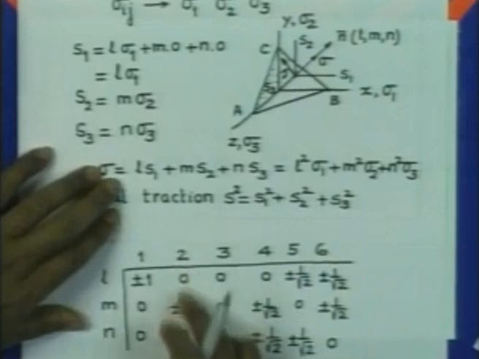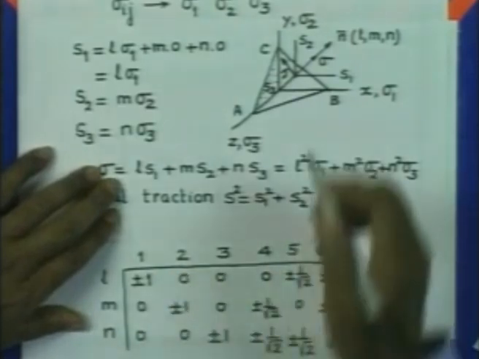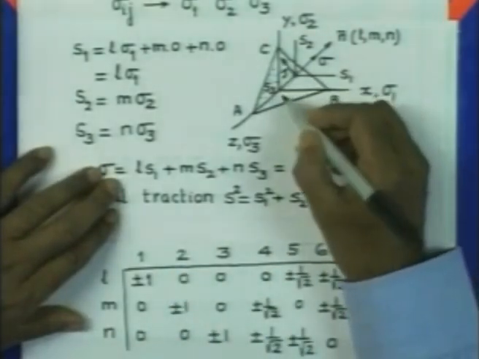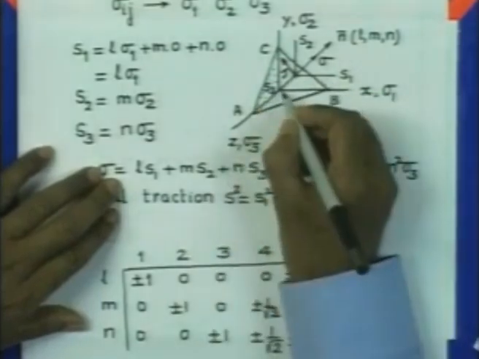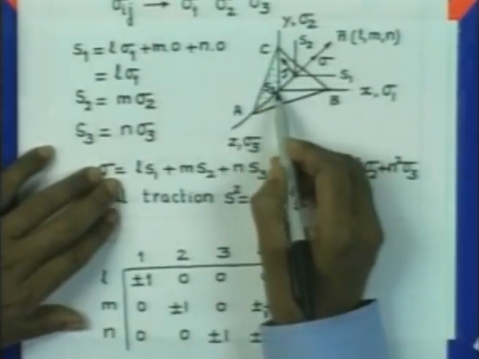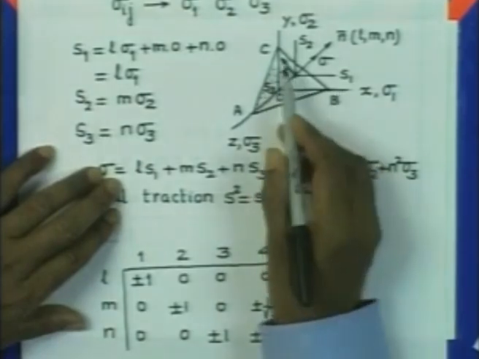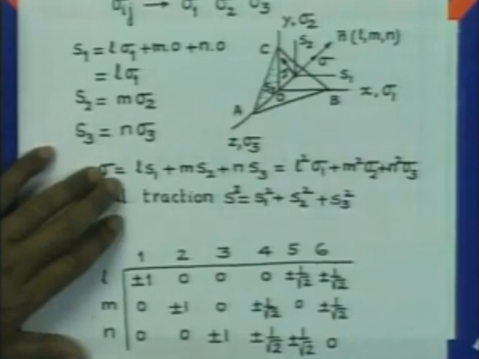Similarly, plane 2 would indicate this plane, if you would like to call this origin O, so this OBC.